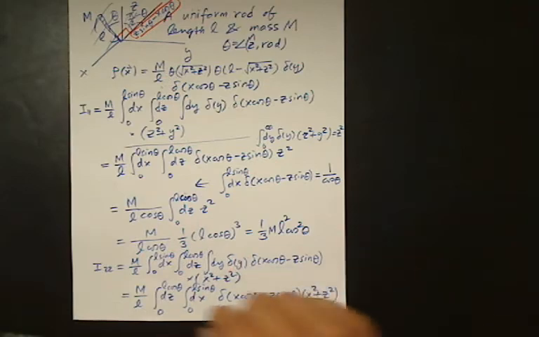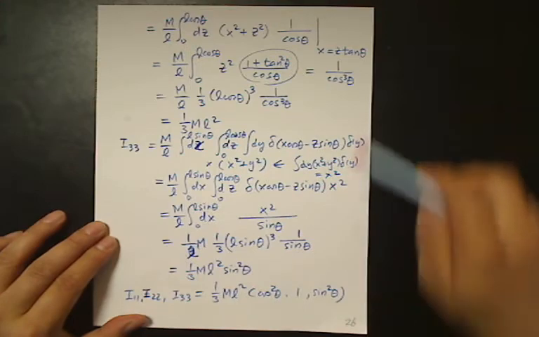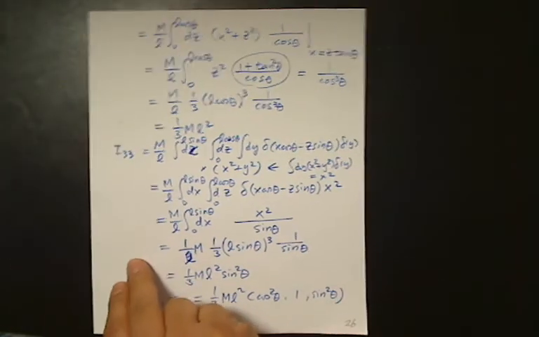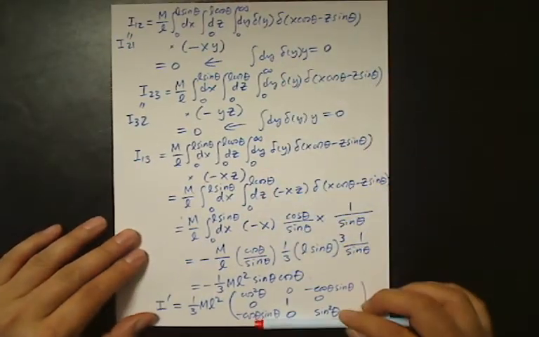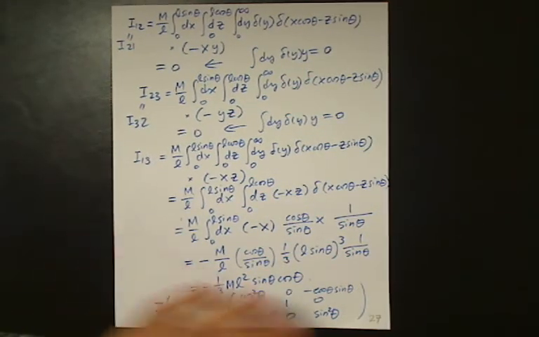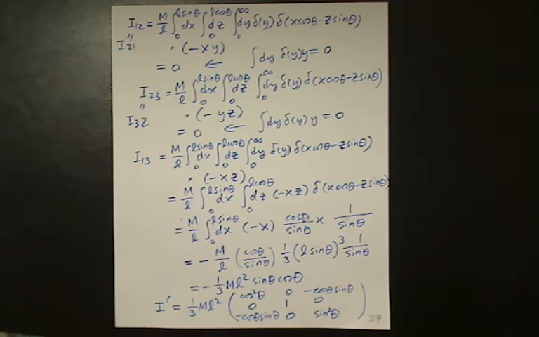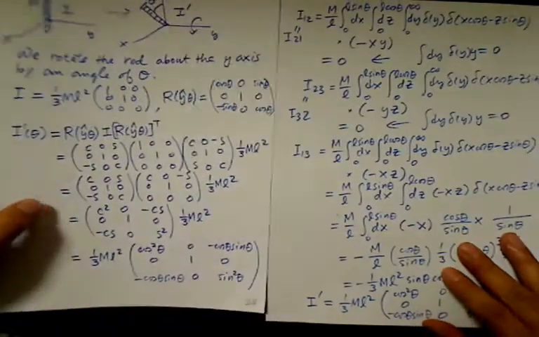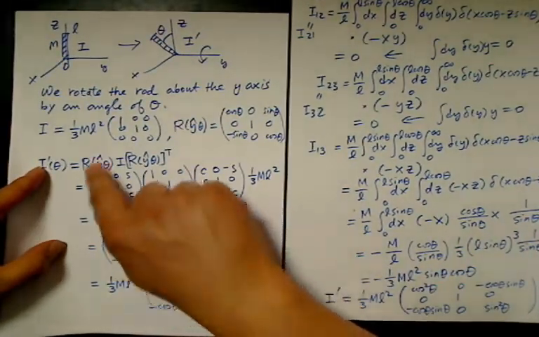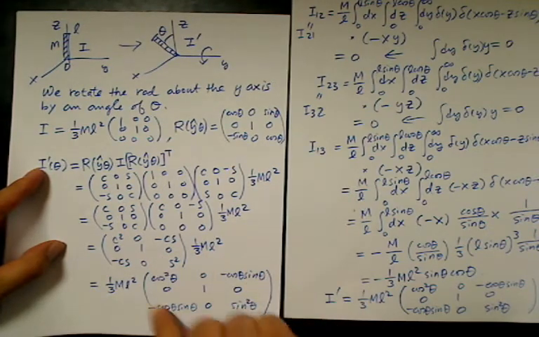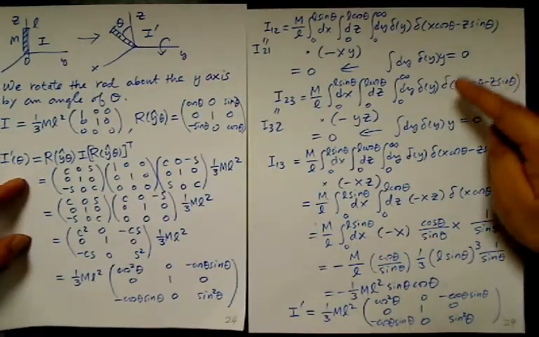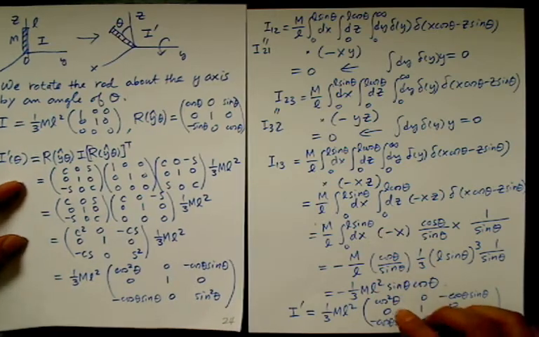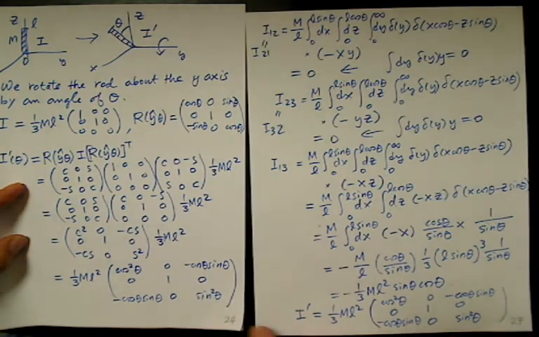You can obtain these results, and these results to find this one. The rotation gave us this result, but with explicit calculation along the very complicated frame of reference, we have reproduced the result.